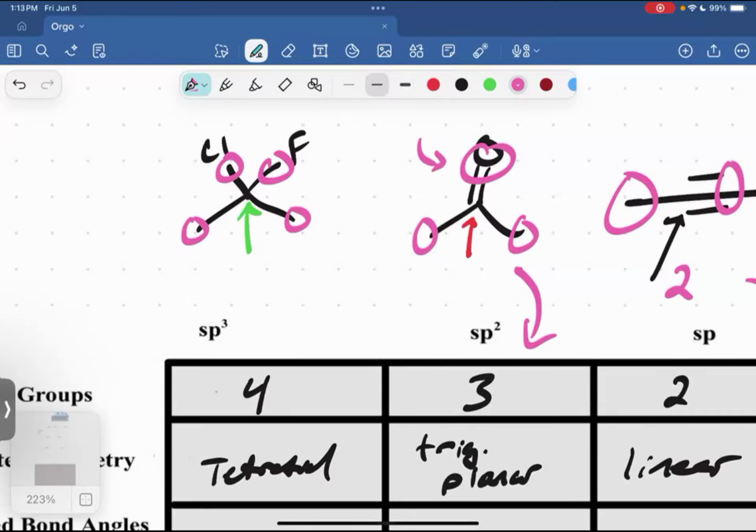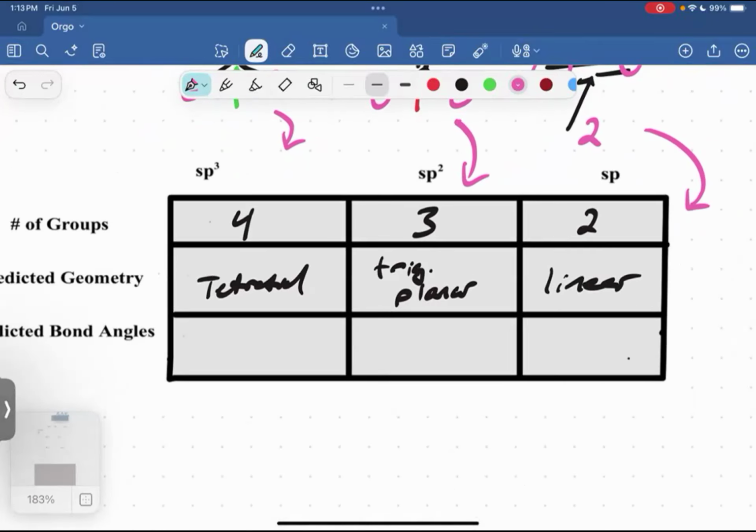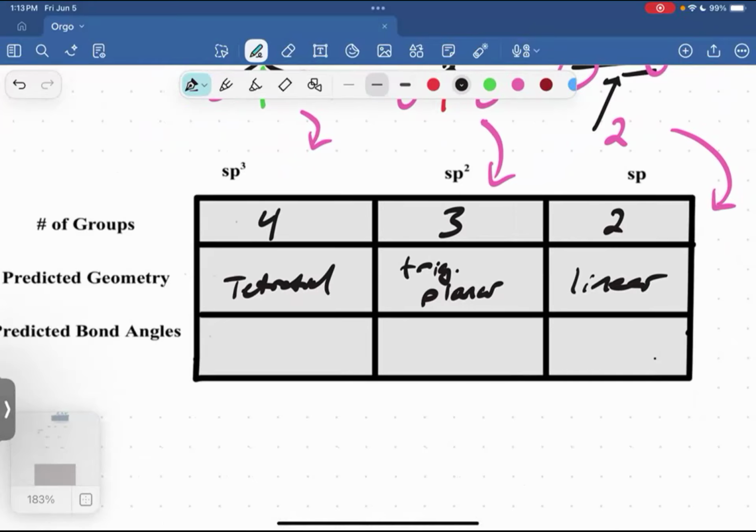And same goes for lone pairs, which I believe I have a couple examples of. But let's just continue to fill out this table. Tetrahedral is going to give us a 109.5 angle. That is the most ideal situation for a carbon, which is what we love in organic chemistry.